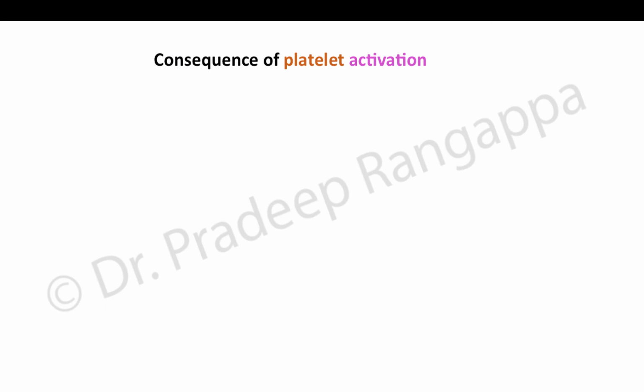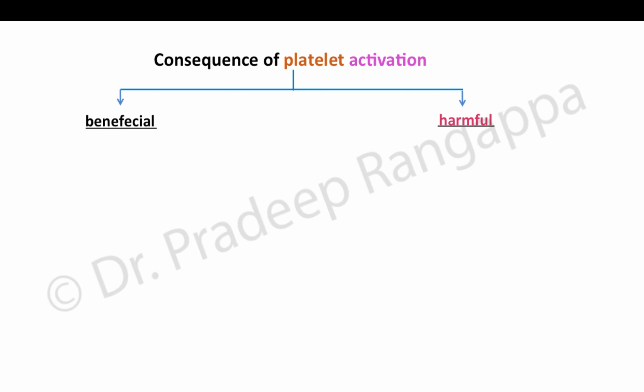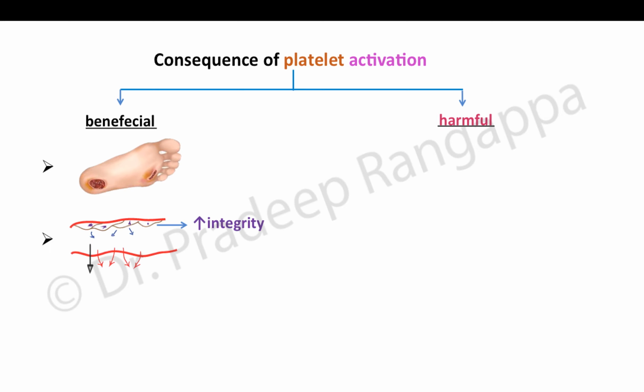So, what is the consequence of platelet activation? When the platelet gets activated, it can have beneficial effects and harmful effects. Some of the beneficial effects: it can cause wound healing, which is very useful. Platelet activation is needed for facilitating wound healing.